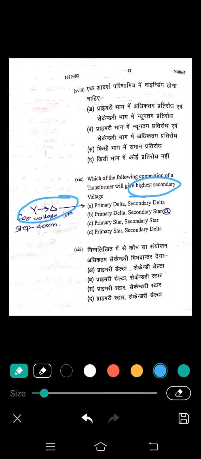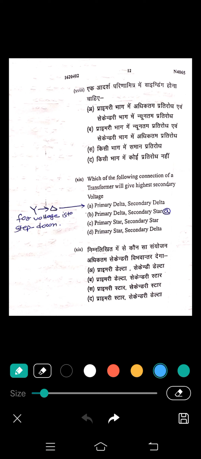If the lowest voltage were asked, the right answer would be option D. But in this question the highest voltage is considered. For the highest voltage condition, delta to star connection is the right answer. So for question number 19, the right answer is option B.